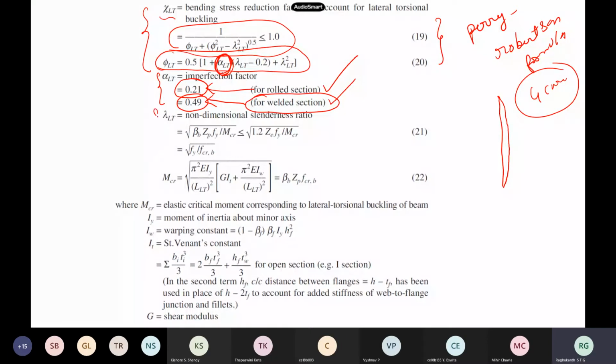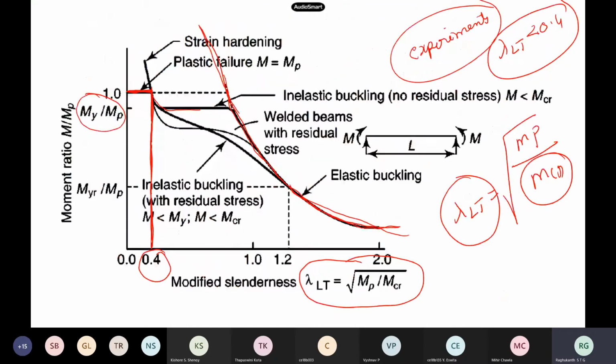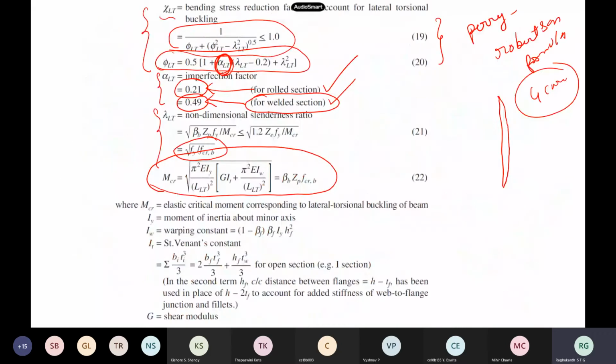Now you find out the non-dimensional slenderness ratio, sqrt(fy/fcrb), or sqrt(Mp/Mcr), that expression. This is the critical bending moment expression given in our IS code. It has been taken from the Eurocode, and this formula comes from analytical derivation. So the same derivation we did, the same concepts come, with some small additions here and there.